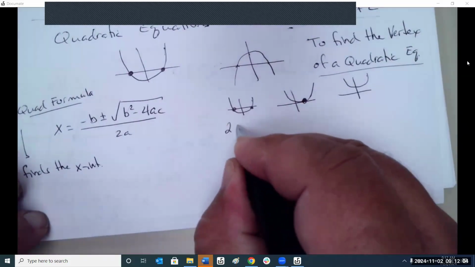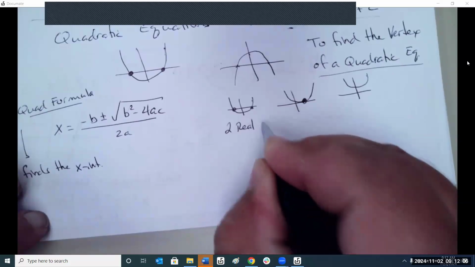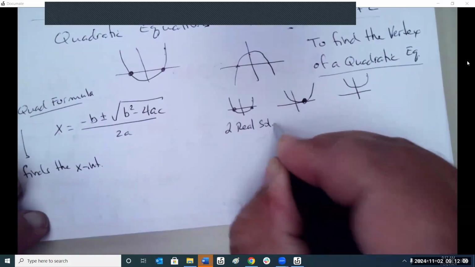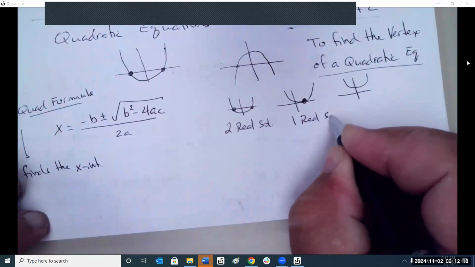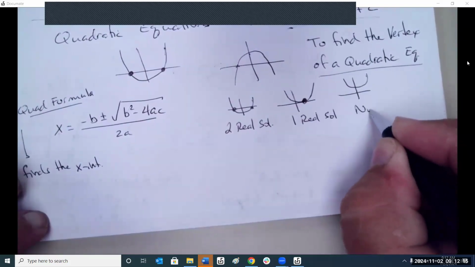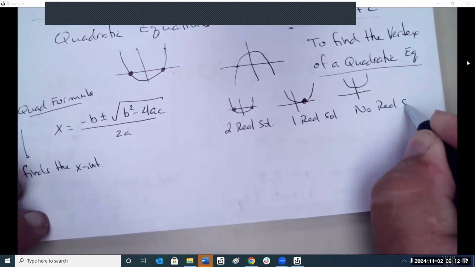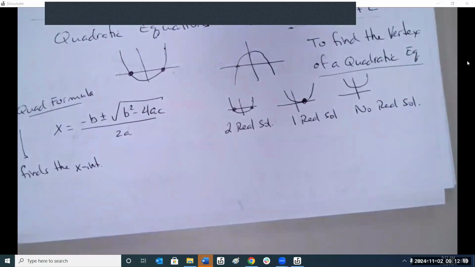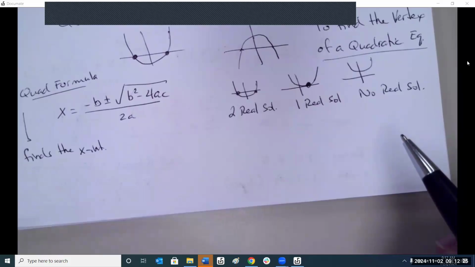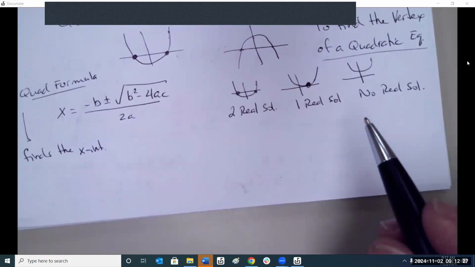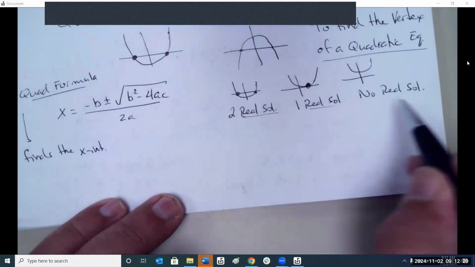So we have 2 real solutions, 1 real solution, or no real solutions. Now notice how I put real solutions.